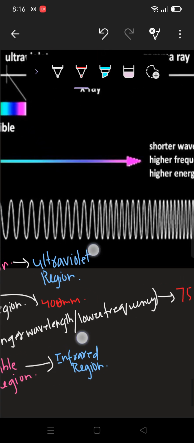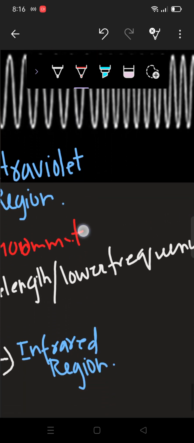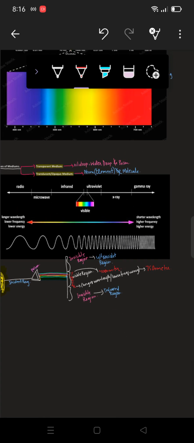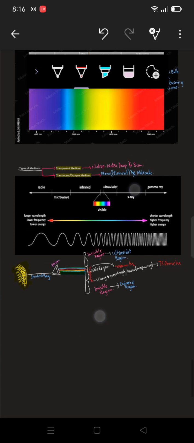Now you can see whose wavelength is more. The wavelength of red is greater than that of violet, and violet has more frequency as compared to red, right? So this was all about the spectrum of the sun. In the next class we're going to study the types of spectrum, the continuous spectrum and the discontinuous or discrete spectrum.